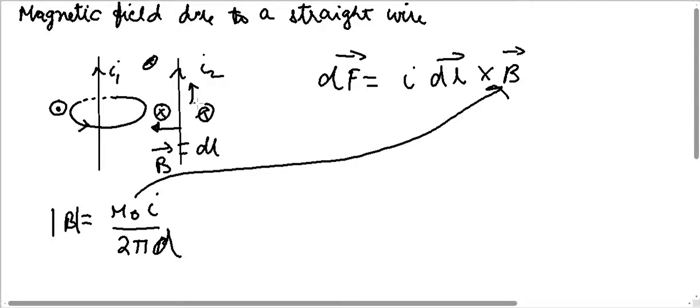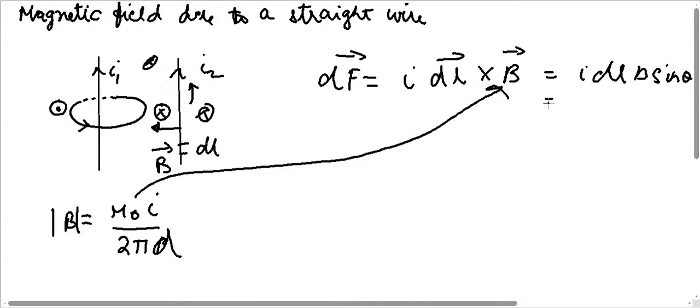Now dl is along I2, and so the magnitude of dF will be equal to I dl B. We know cross B means dl into B into sine theta, and because the magnetic field is going into the plane of paper and I2 is in the plane of this paper or computer screen, B and dl make 90 degrees with each other, so sine 90 will be 1.